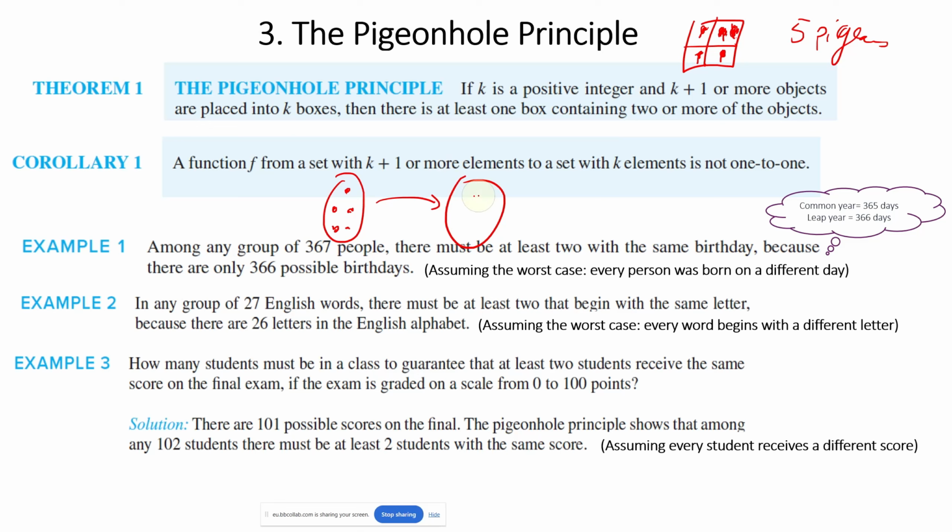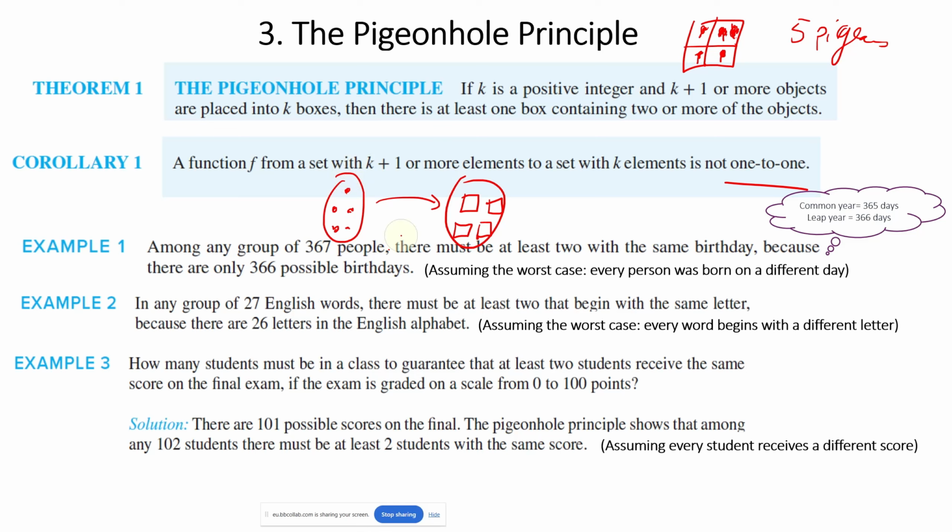That would be better. So I have 4 boxes, but I have 5 birds. There's no way that it's going to be one-to-one. Remember the definition of a function that is one-to-one? That means for every element in, remember what's the name of this?